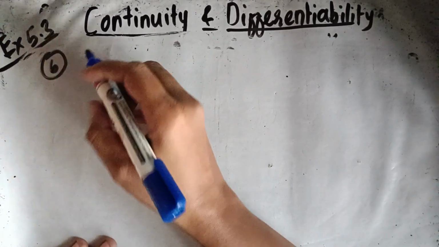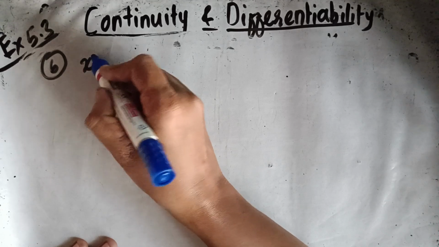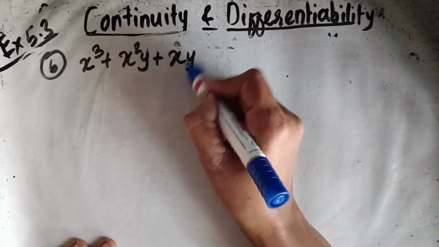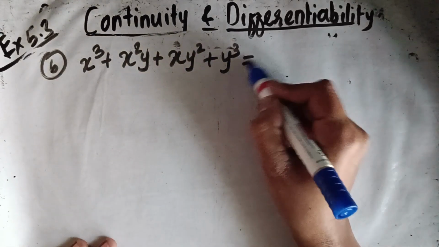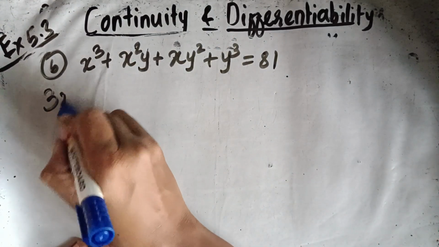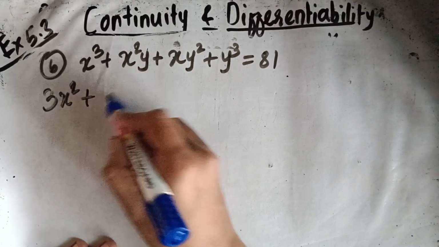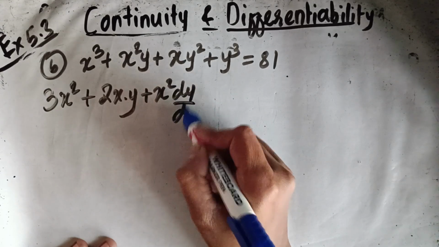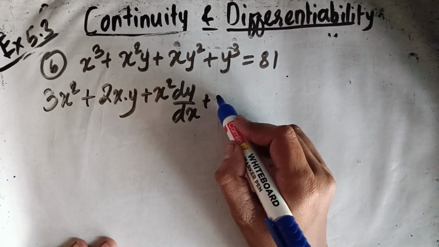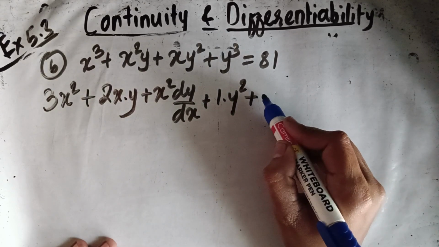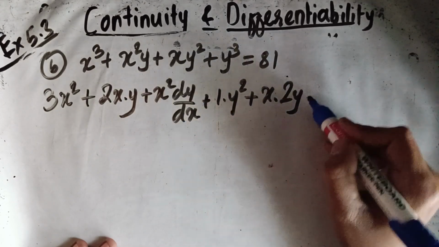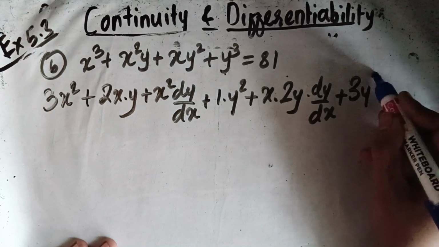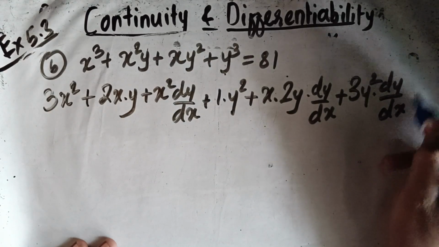Sixth question, x cube plus x square y plus xy square plus y cube is equal to 81. Okay. So this is 3x square plus uv rule, 2x into y plus x square into dy by dx. Again uv rule, 1 into y square plus x into 2y into dy by dx, plus 3y square into dy by dx equal to 0.